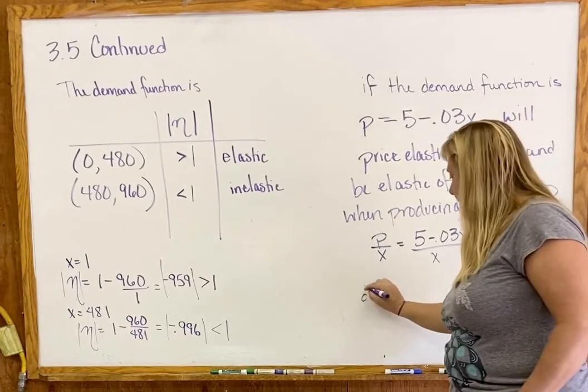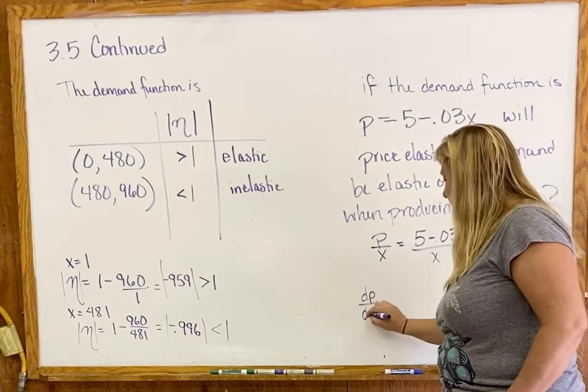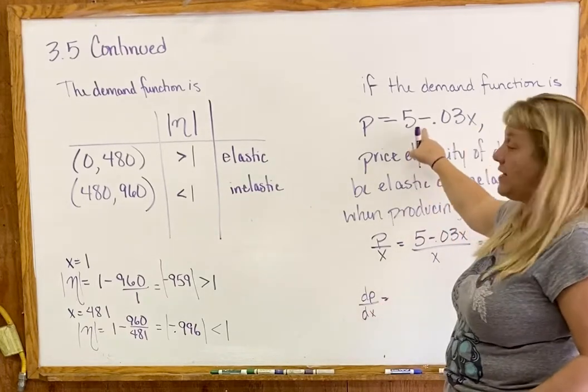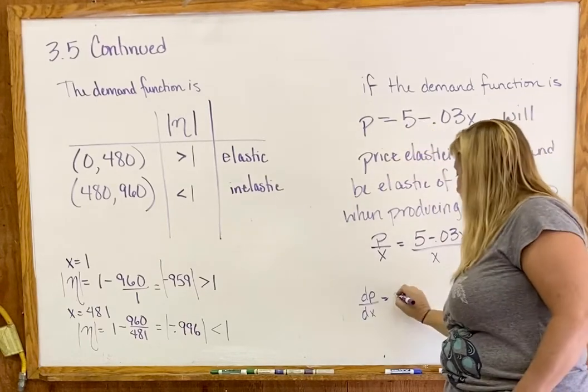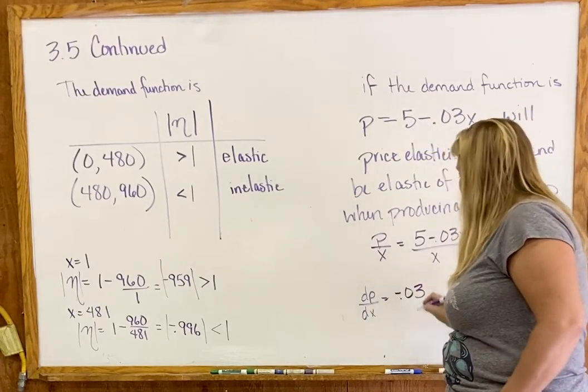And then we need the derivative of the demand function. Remember, derivative of this demand function. So the derivative of this guy would just be negative 0.03.